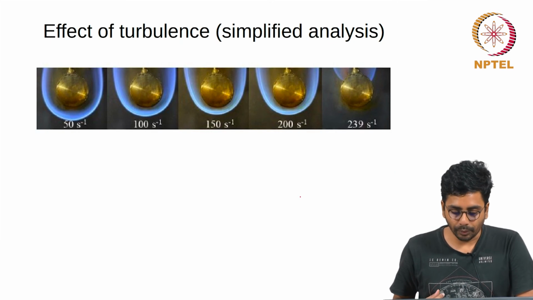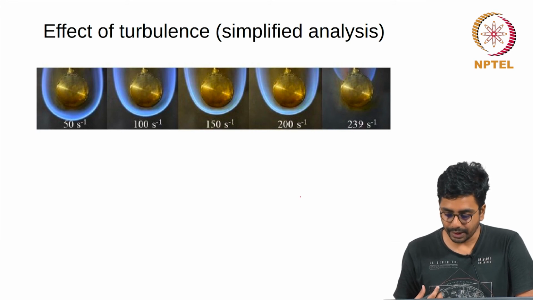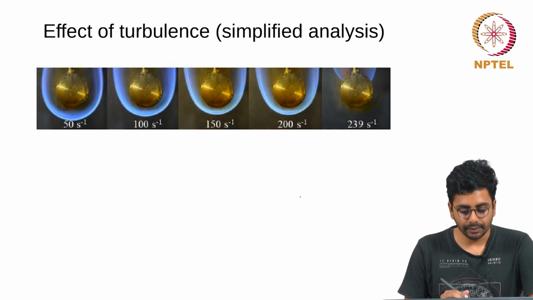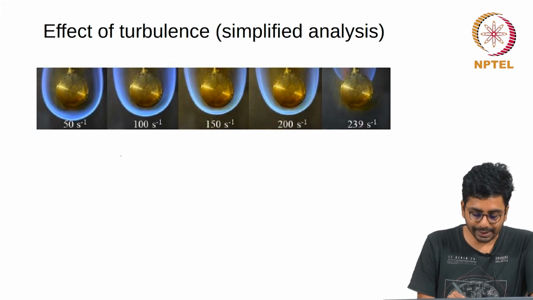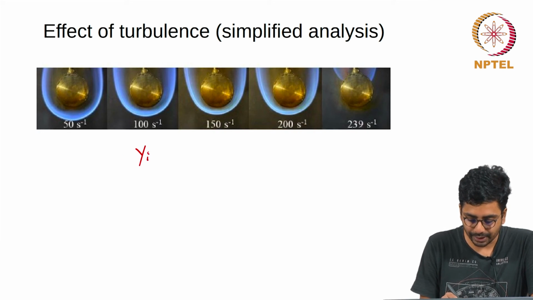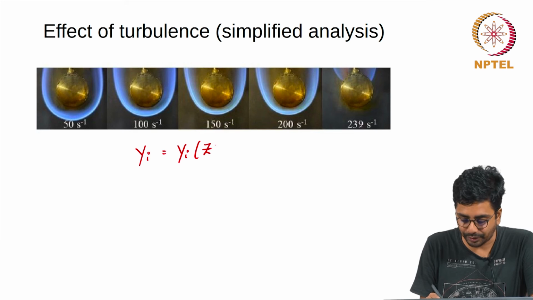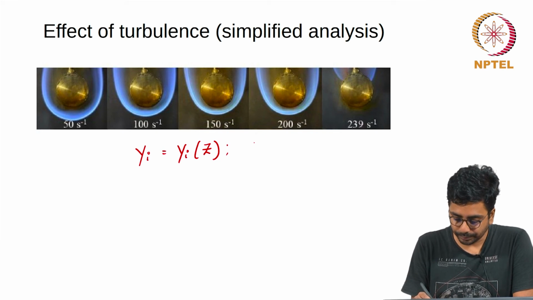A quick overview of the effect of turbulence on non-premixed flames. Here we saw that when the dynamics is mostly mixing controlled, the local state of the reactant is only a function of a conserved scalar called the mixture fraction.